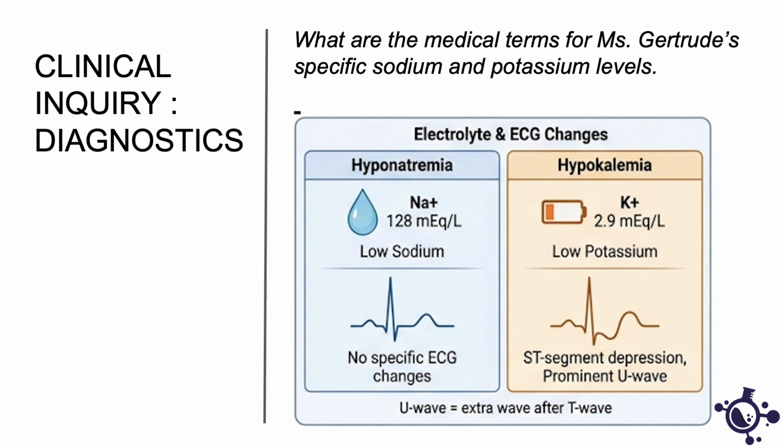My bad, potassium being low. So with that being said, the ECG strip that we saw earlier actually fits with the hypokalemia. That makes sense. We will see that prominent U wave and ST segment depression.